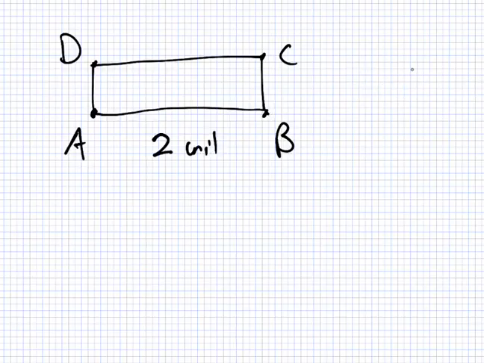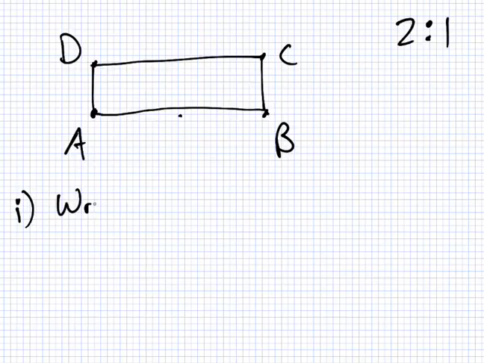So it's a 2 to 1 rectangle. Do you understand what I mean by that? That this side is twice this side. Yeah. Okay.